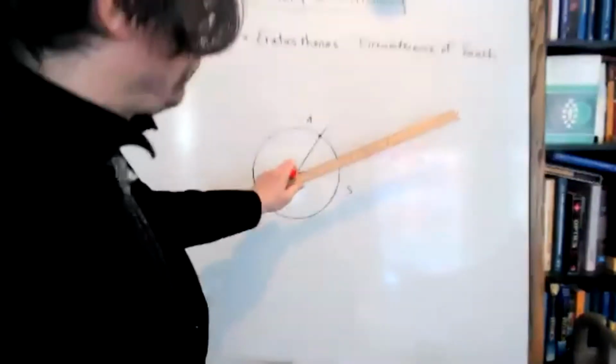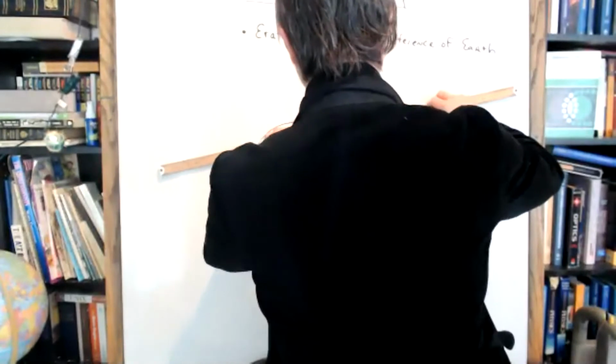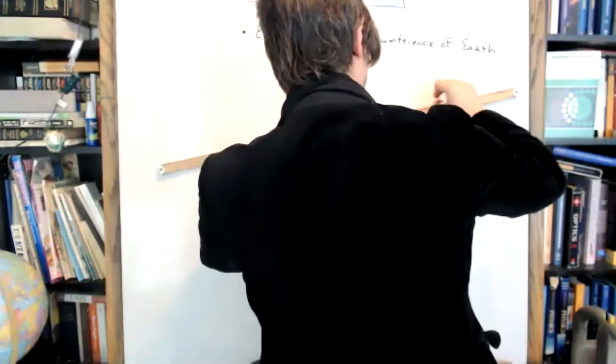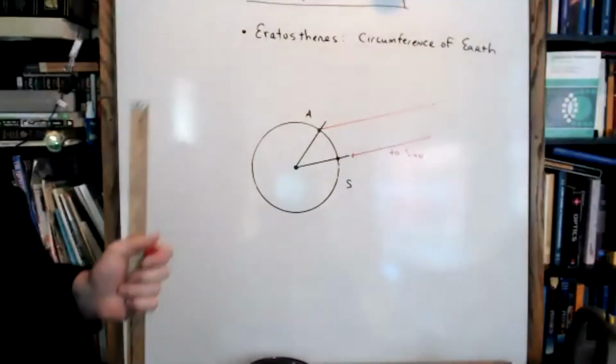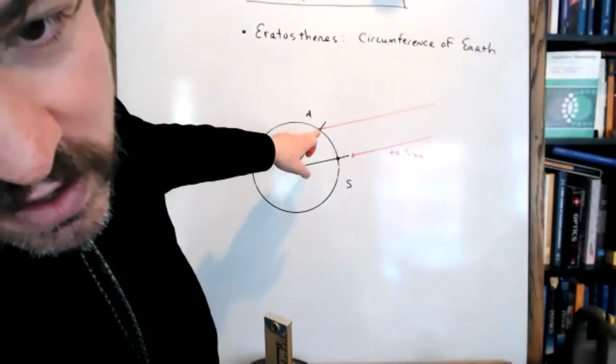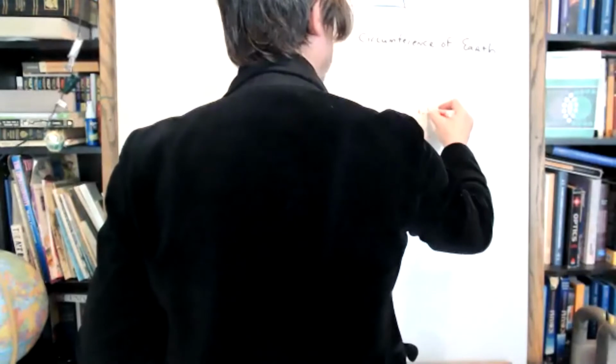So he knows that if the sun is directly overhead in Syene, the rays of sunlight which are striking the stick in Alexandria need to be absolutely parallel to that one. Now, I could have drawn any ray I wanted, but I chose to draw a ray that hits the bottom of the stick. This also points towards the sun.